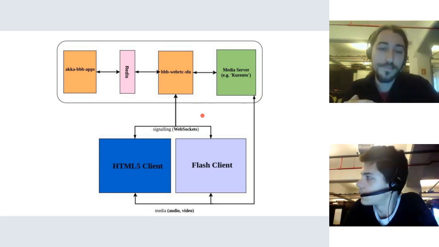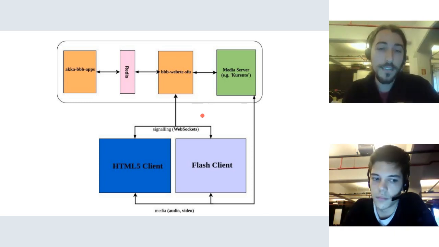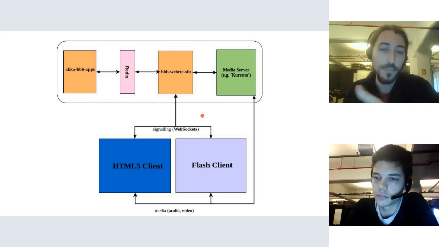Both the HTML5 client for video and screen sharing and the Flash client for screen sharing are going to communicate with this component through WebSockets. After the signaling is done, the Flash client can pull the screen sharing from Kurento media server, and the HTML5 client can pull screen sharing and the cameras from the media server.